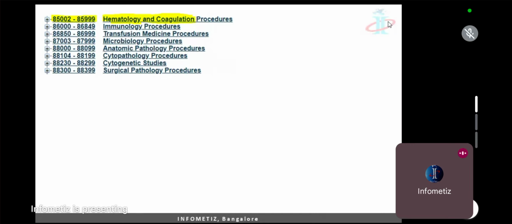85009, highlight buffy coat. 85025, blood count complete.